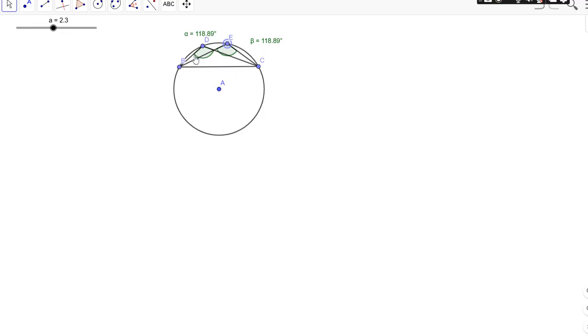Both angles lie in the same segment, that is in the minor segment. So, what is the measure of these angles? That is 118.89 degrees, which is the same. So, from this, we conclude that in minor segment, the angles formed are obtuse, and another observation is the angles formed in the same segment of a circle are equal in measure.